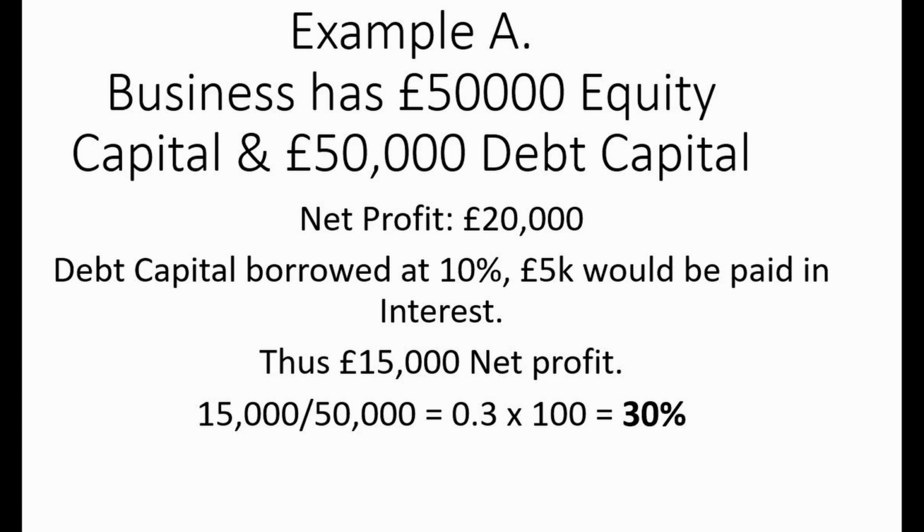So now there is £15,000 net profit left. So now the equity shareholders' return on equity is 15,000 divided by 50,000 equals 30%. So in this example, the return on equity is 30%. Warren Buffett states this type of return on equity should be greater than or equal to 15%.